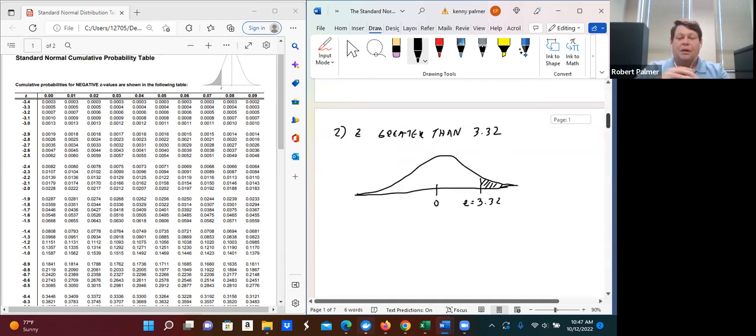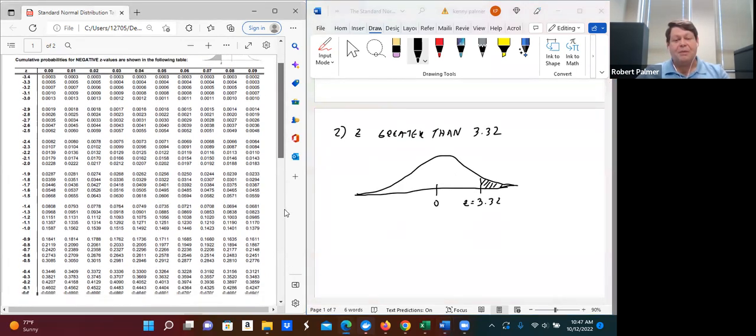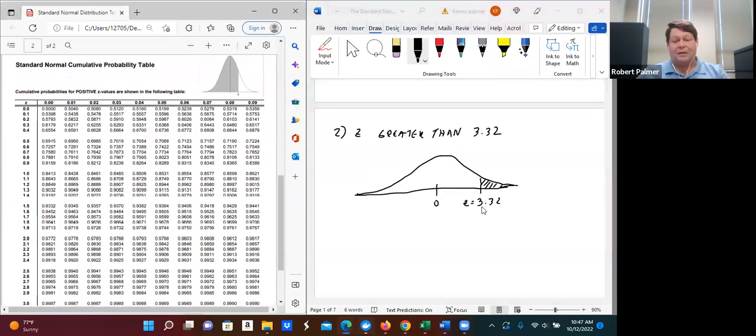If you notice, once again, our tables only give the value to the left. So maybe you're wondering how we're going to find this. What we can do is use our rules of probability to help us find this.